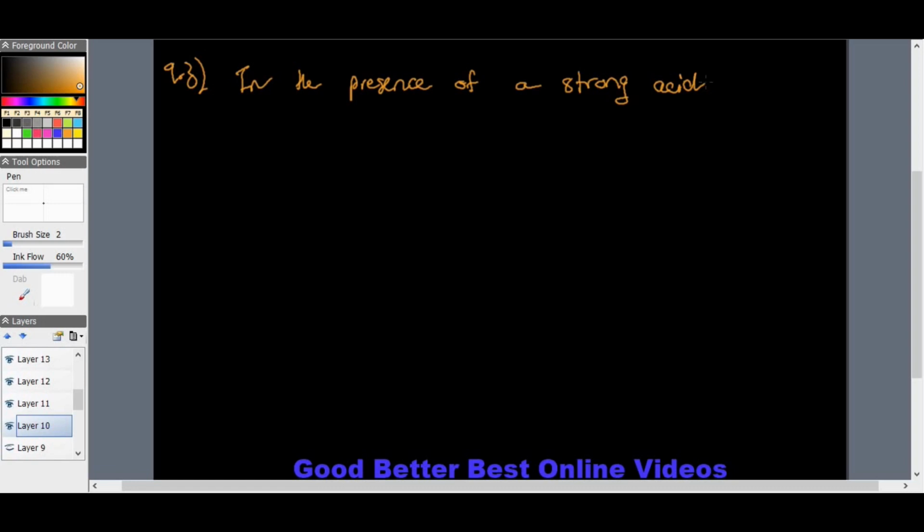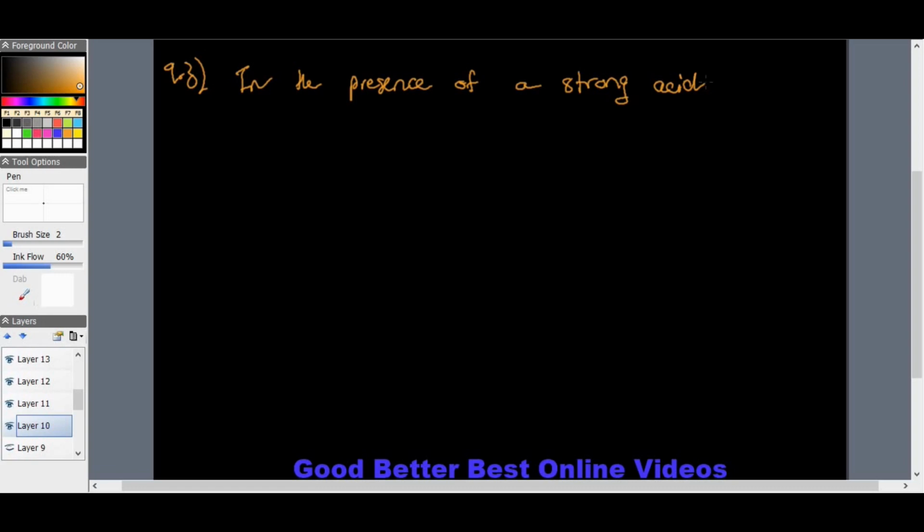Okay, when it comes to esterification, let me just check to make sure I'm not missing anything from that. No, I don't think I am. That's it. Just in the presence of a strong acid. That's all my notes say about esters, that they can be prepared between an alcohol and a carboxylic acid in the presence of a strong acid.